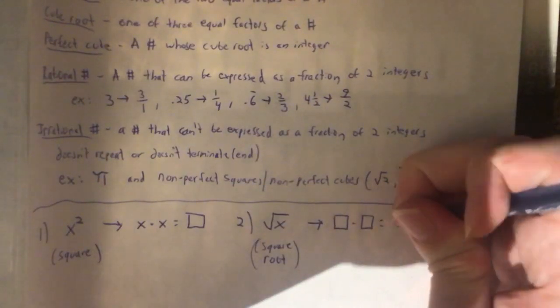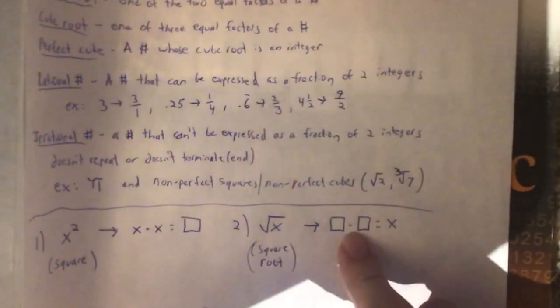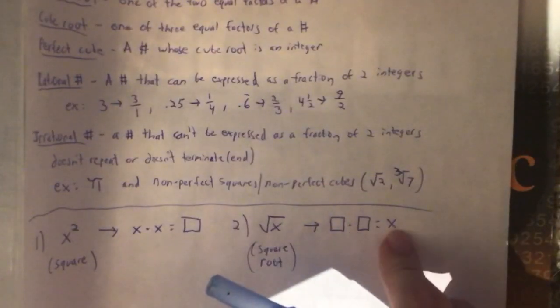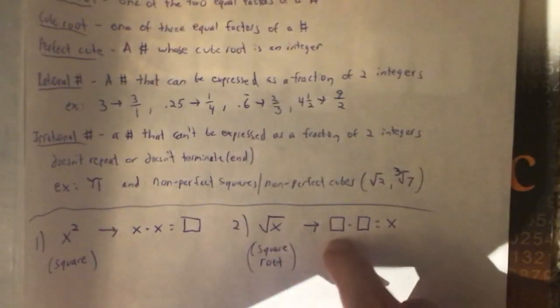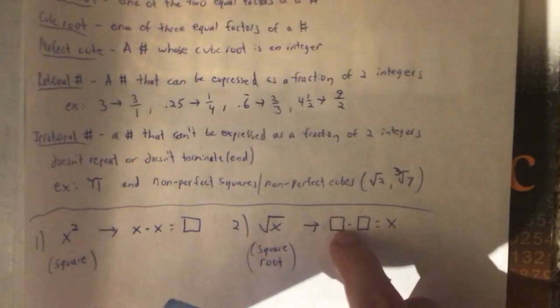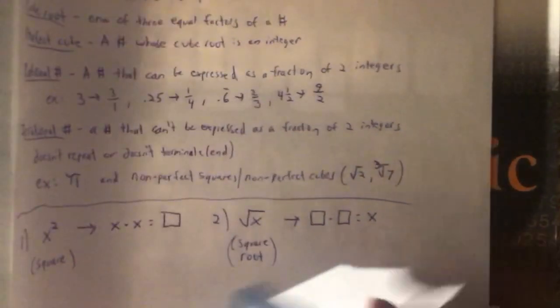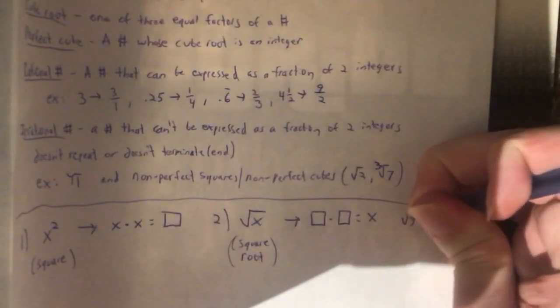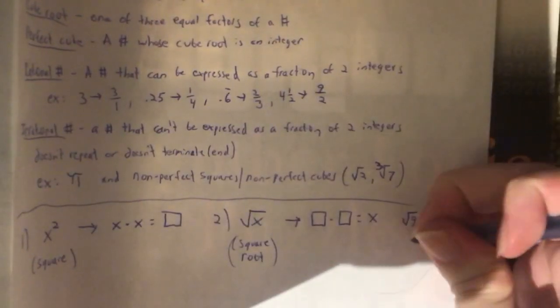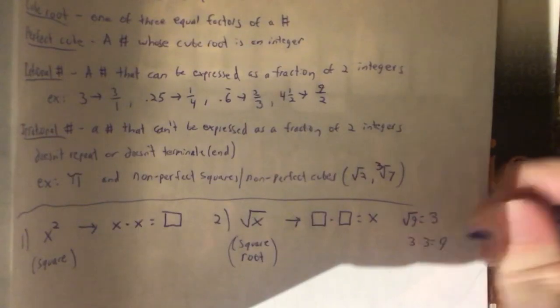So for example, if I had 9 underneath it, what number can I multiply by itself to give me 9? I could use 3, whereas 3 squared is 9. So square root of 9 is 3 because 3 times 3 equals 9.